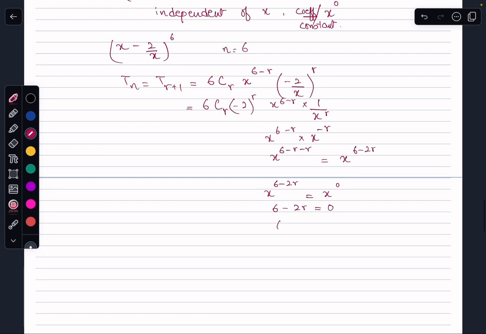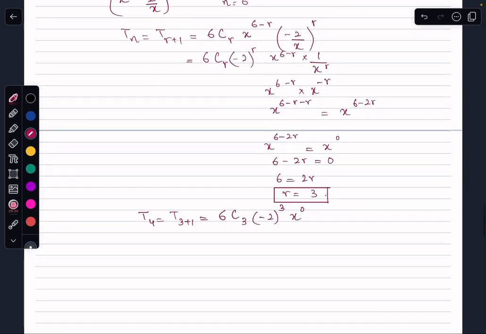Solving it further, I can say 6 equals 2r, so r shall be equal to 3. Meaning when the restriction is 3, it should be the fourth term, T4, which shall be equal to T3 plus 1. That should be 6C3 times negative 2 to the power cube and x to the power 0.